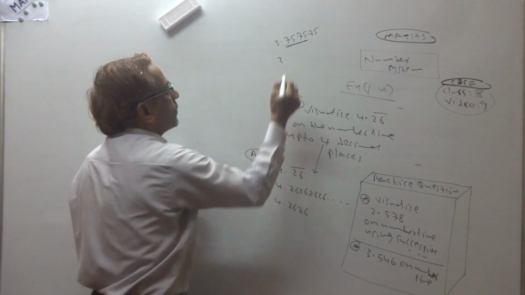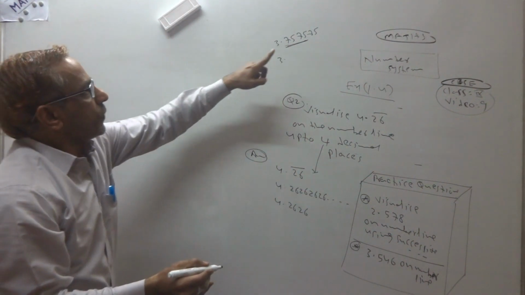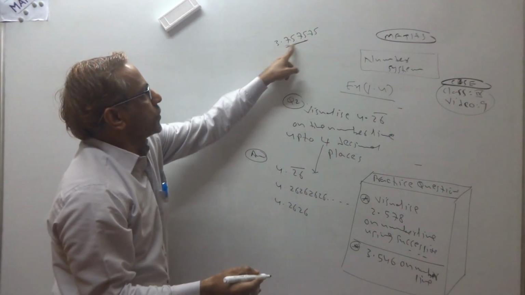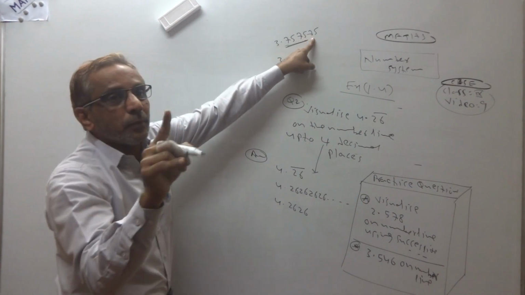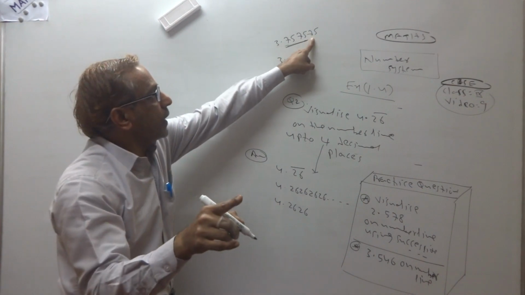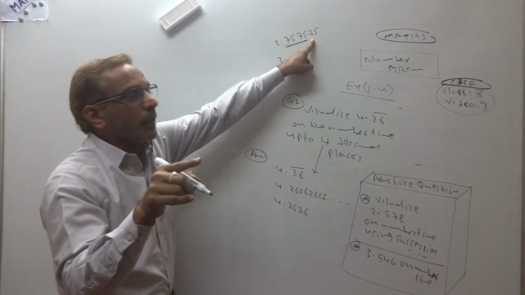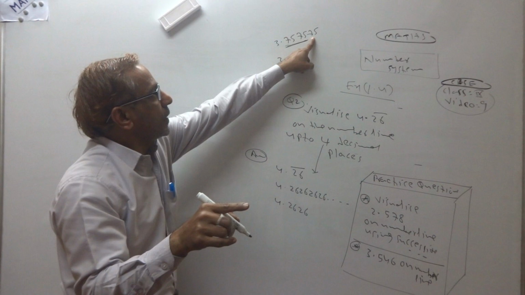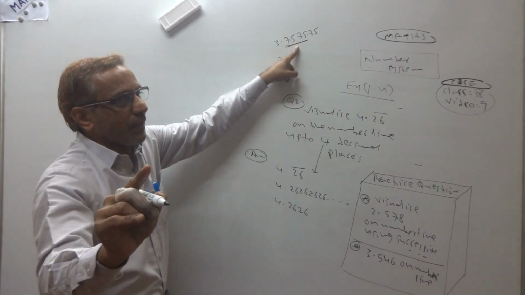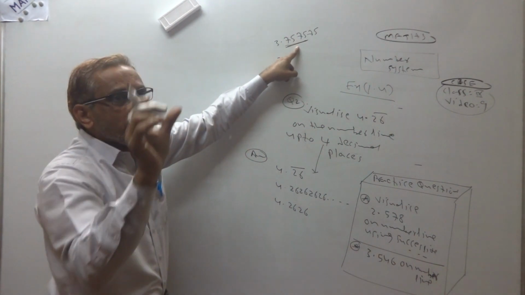So what is the system, you know? If 4 places you are taking, if the 5th place is 5 or more than 5, then what you have to do? You are taking 4 numbers after decimal, so we have to round it up.